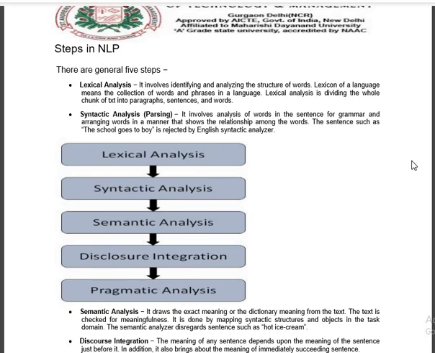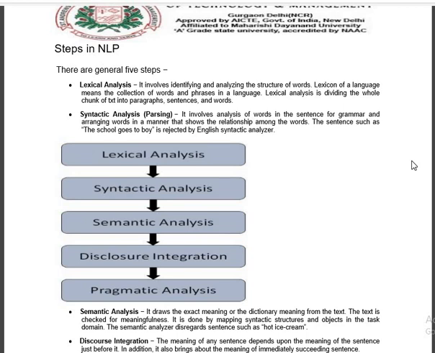Now we come to the steps of NLP, an important long question that students mostly face during examination time. The first stage of NLP is lexical analysis. In some study material and books, lexical analysis is also written under morphology. There is no difference, so students need not get confused. Lexical or morphology, both have the same meaning.